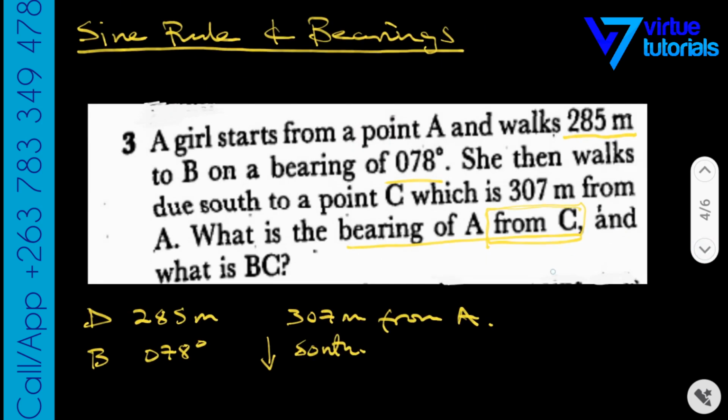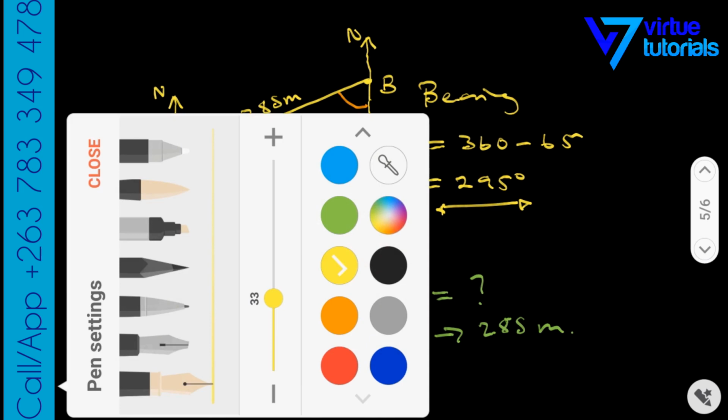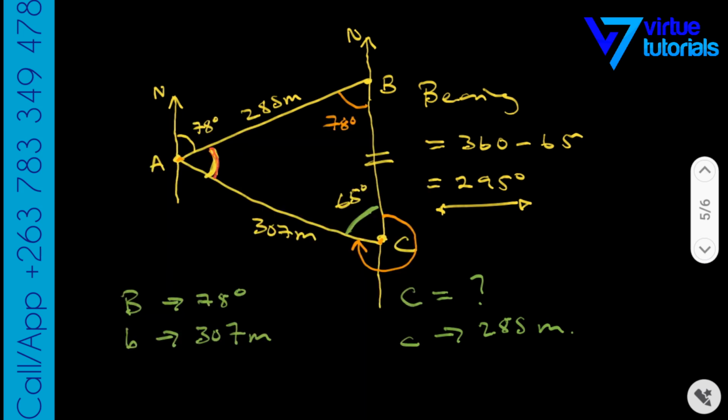We've done that. And finally now, they want us to find BC. So BC is the length of this side here. Now for us to find BC using sine rule, we need to know this angle here. For us to find this angle, we use our simple knowledge that angles in a triangle add up to 180 degrees.